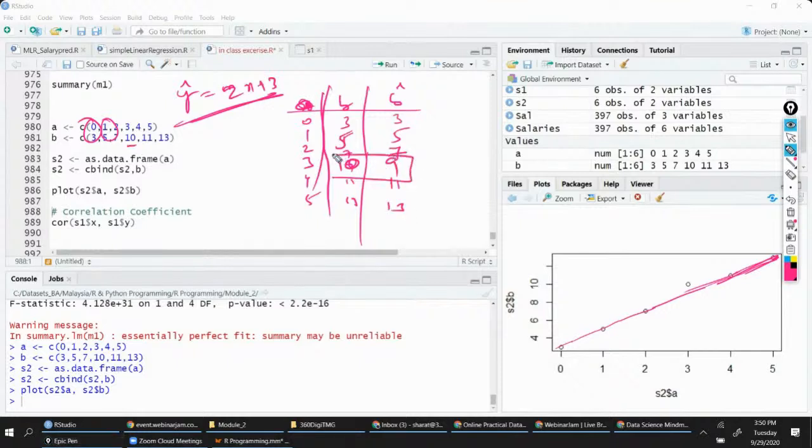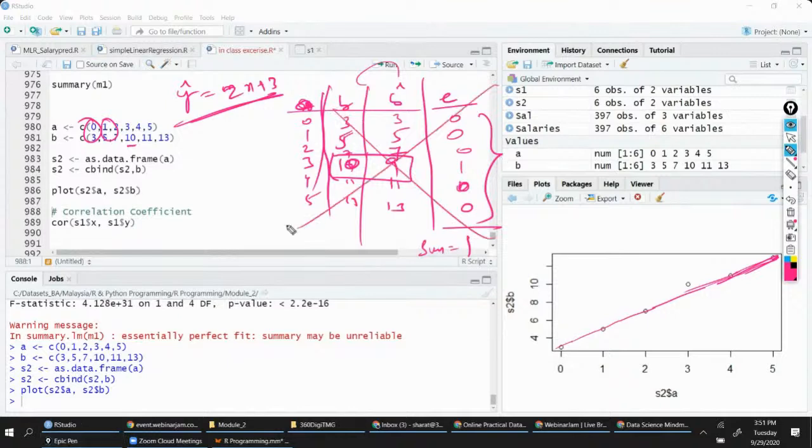So you can see this data will be deviating. If I measure the error here, which is the difference between these two, this will be 0, this will be 0, this will be 0, but here I get 1. So when I do the average, which is sum by total, the sum of the errors is 1, so I get an average of 1 by 6.